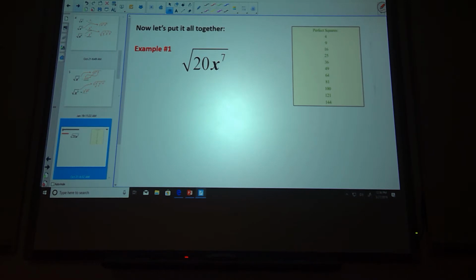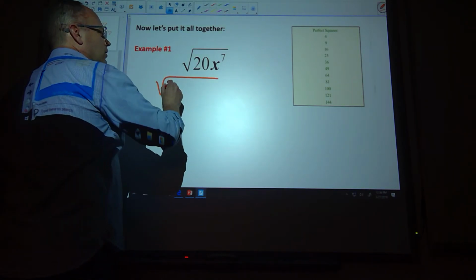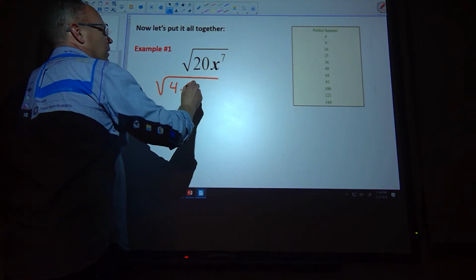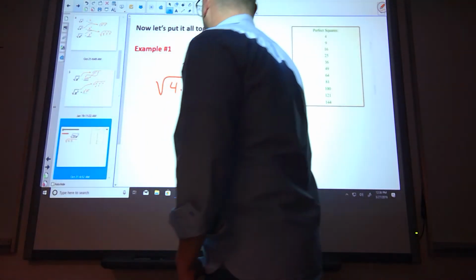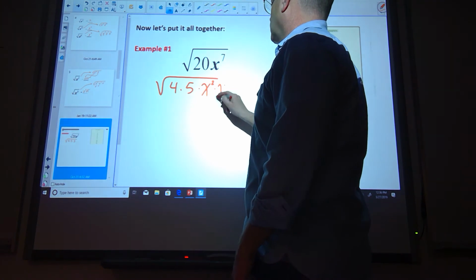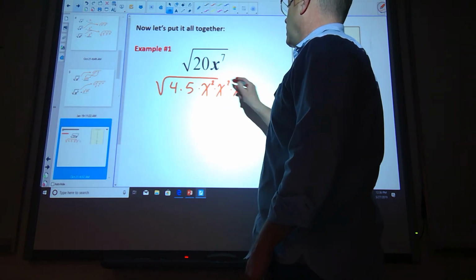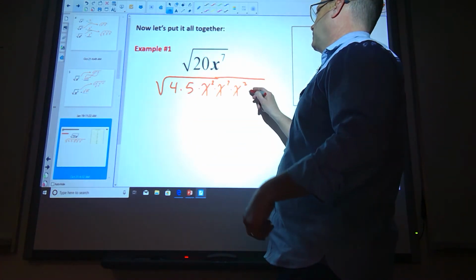All right. Let's see if we can break this one up. Hey, what's a perfect square that works with 20? 4 and 5. I like it. So let's break this down to this times this. Is that okay so far? And then x to the 7th is x squared times x cubed.